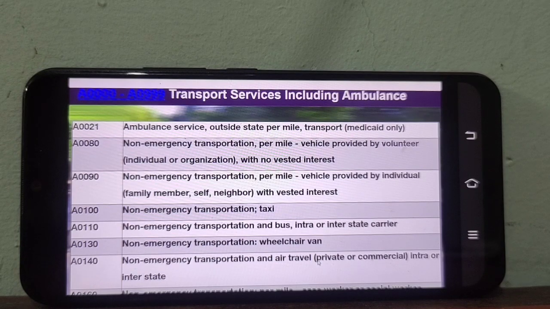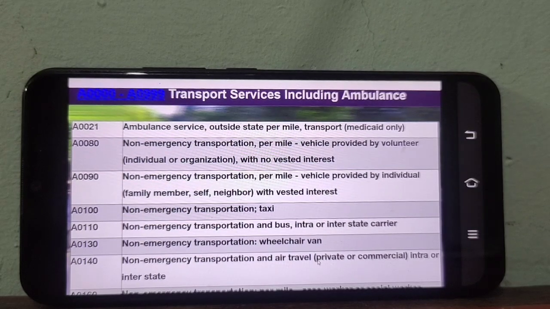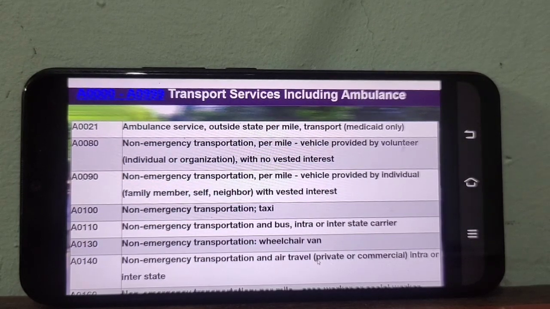Suppose a drug is given: you have to check the unit of the drug in our question paper, check the corresponding name of the drug, and based on the unit, apply the code. That's it. So in HCPCS there are no guidelines. All are direct coding, so don't worry about HCPCS.